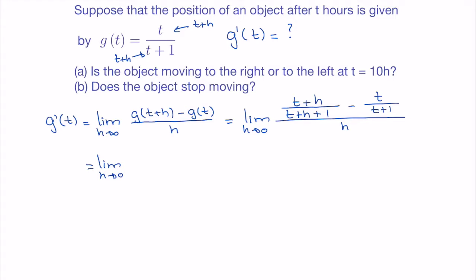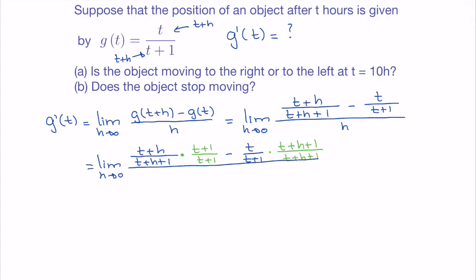Do the LCD: take the first term and multiply and divide by t plus 1 over t plus 1, minus t over t plus 1, multiplied by t plus h plus 1 over t plus h plus 1, all over h.